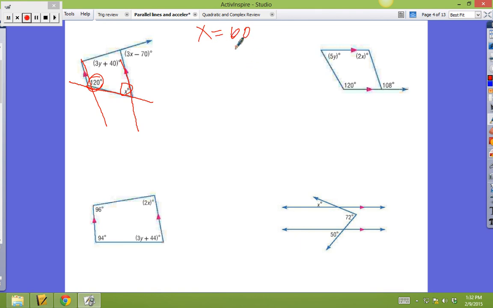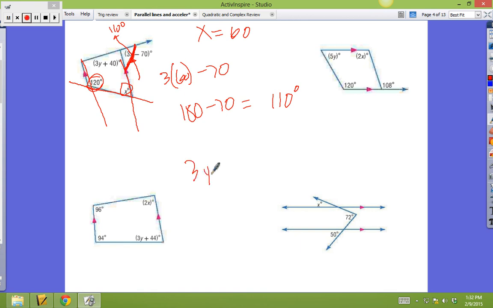So if you know x is 60, now I'm going to take that information and substitute it right there. So it's going to be 3 times 60, take away 70. So 180 take away 70 is going to give you 110. So this angle right here is 110 degrees. And if this is equal to 110 degrees, the left half of it has got to be a straight line, so it's got to be supplementary.